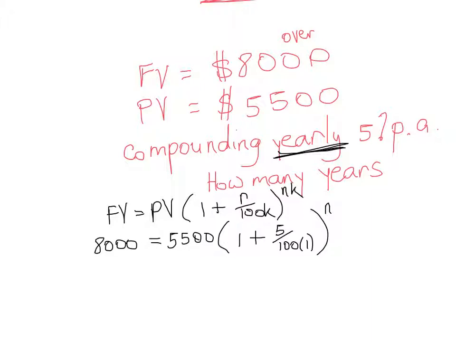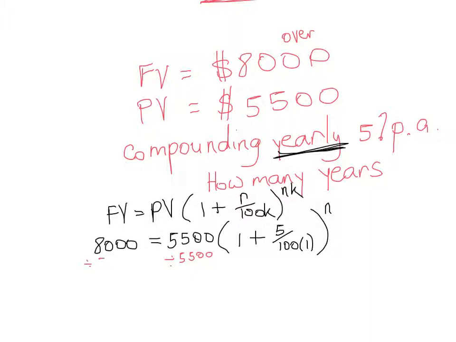I will go through solver at another point, but for now, let's use trial and error. But let's get this as simple as we can possibly get it before we try random numbers. Try and fail, and try and fail, and then try and succeed. Let's actually try first to simplify. So let's divide both sides by 5,500.